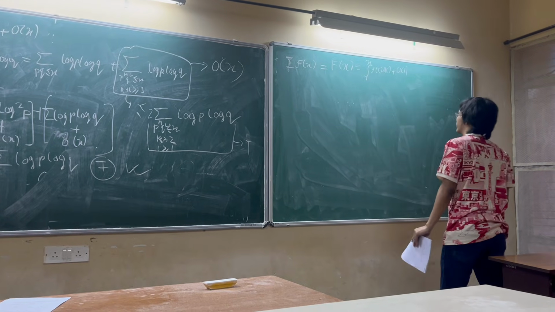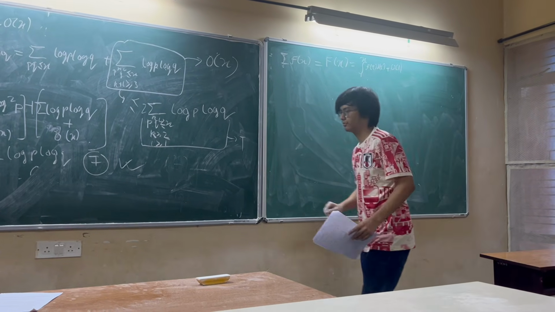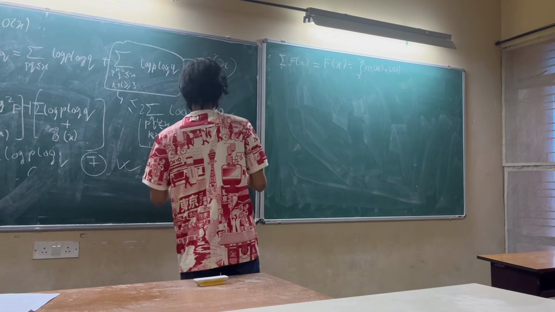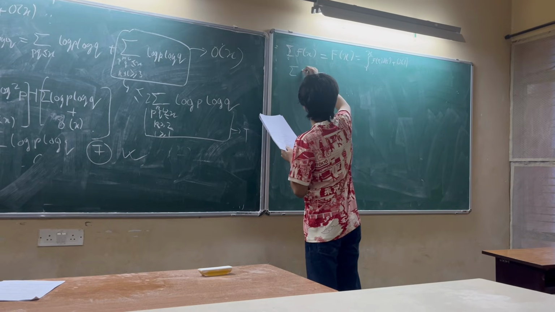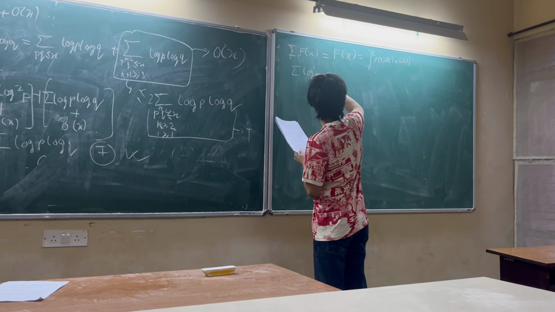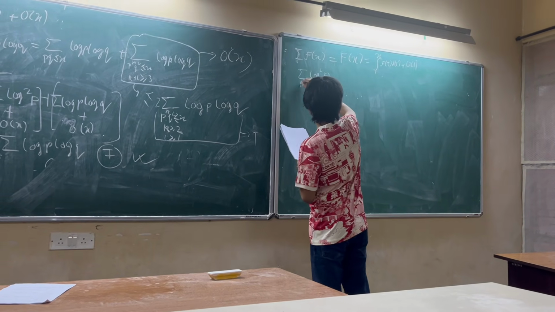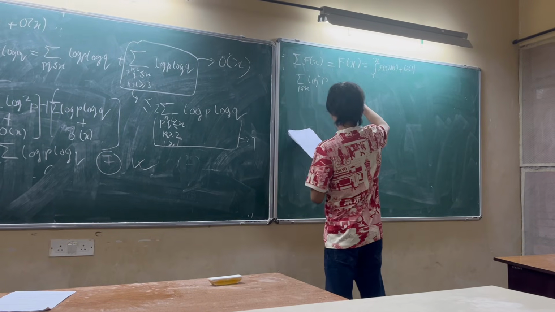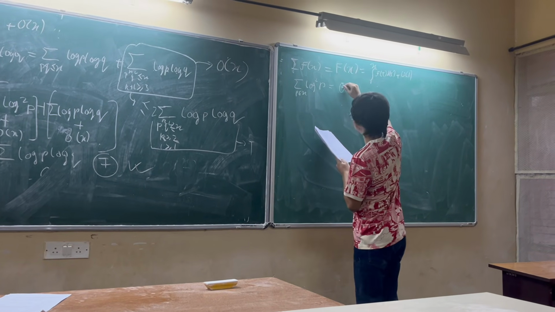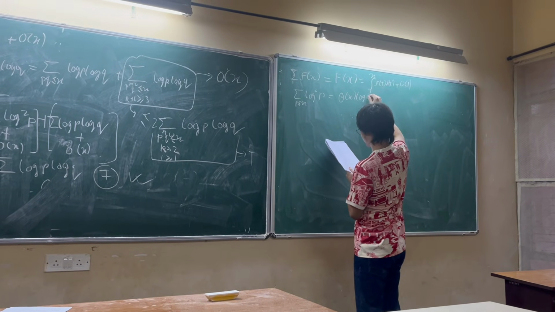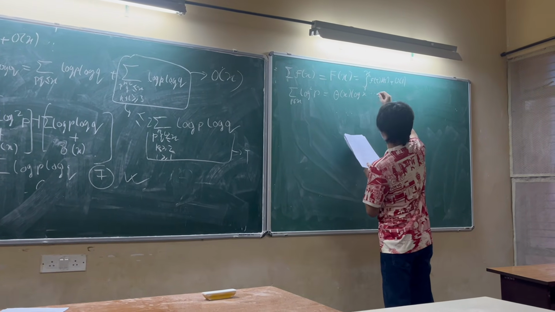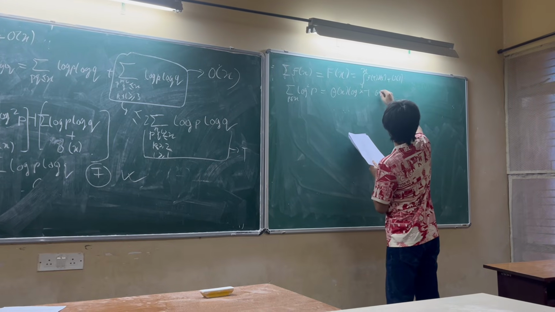This was a unimodal function, which means it has a local maximum. We looked at this. So using this, you can see that summation of log squared p for p less than or equal to x is in fact theta x log x plus something of the order of x.